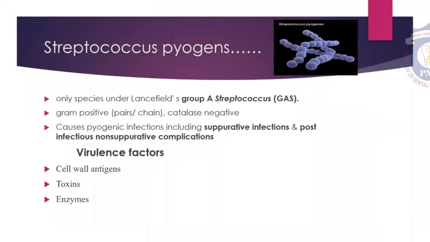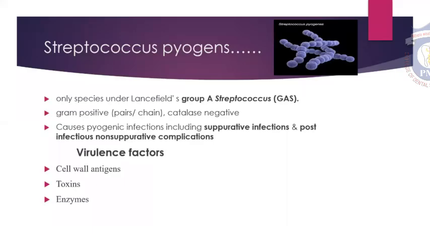Based on Lancefield grouping, Griffith typing, and genotyping, we can classify Streptococci into many types. In this context, we are going to discuss Streptococcus pyogenes. Streptococcus pyogenes is the only species under Lancefield group A Streptococcus, otherwise simply called GAS.